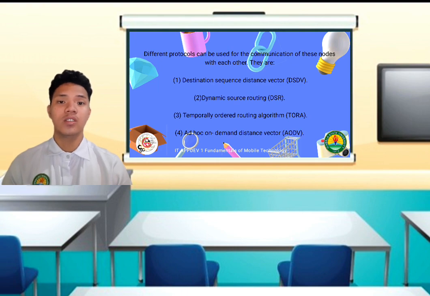When a vehicle needs to transmit data to another vehicle, AODV allows it to dynamically discover and maintain routes by sending route request messages and receiving route reply messages from neighboring vehicles, ensuring efficient communication without the need for pre-established routes.